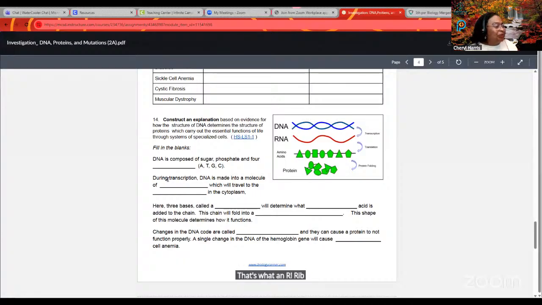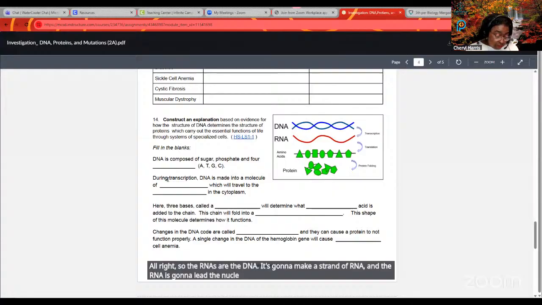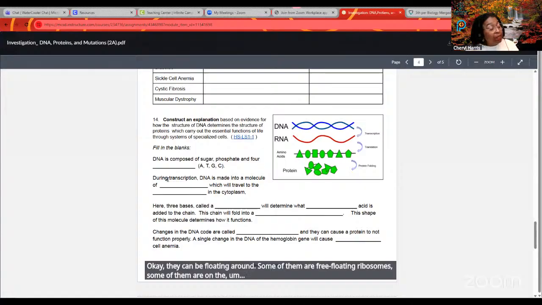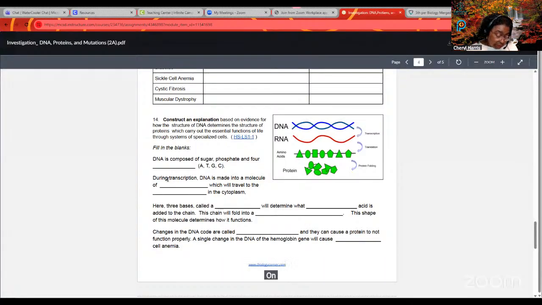There you go. So the DNA is going to make a strand of RNA, and the RNA is going to leave the nucleus and go to the ribosome, and ribosomes are in the cytoplasm. They can be floating around. Some of them are free-floating ribosomes. Some of them are on the endoplasmic reticulum. Those are the little dots on the endoplasmic reticulum.